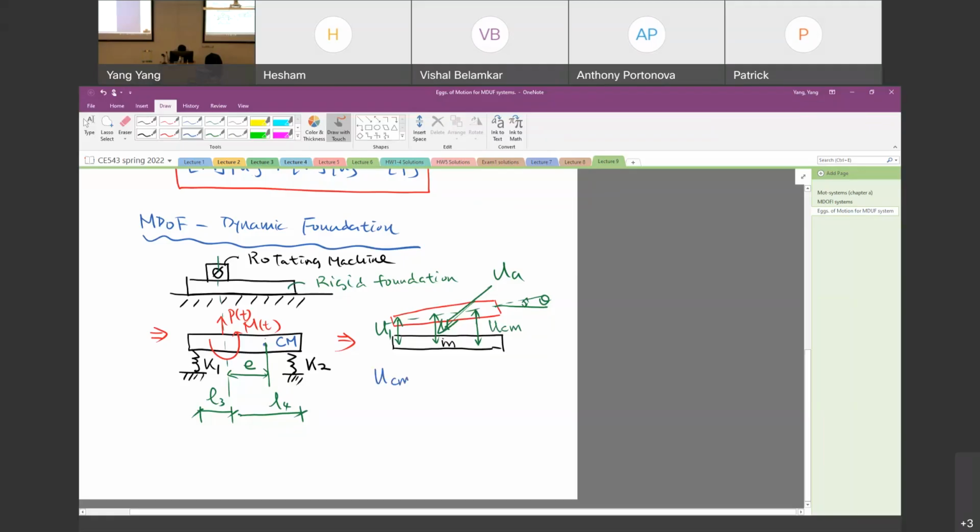UCM will be equal to UA plus eccentricity times theta. Remember the eccentricity of the mass is equal to E. So we have U1 equal to UA minus L3 times theta, and U2 equal to UA plus L4 times theta.